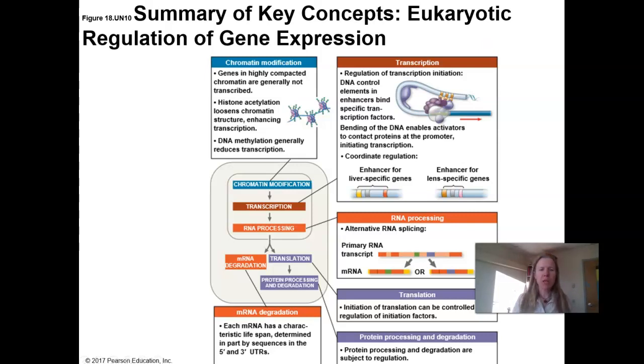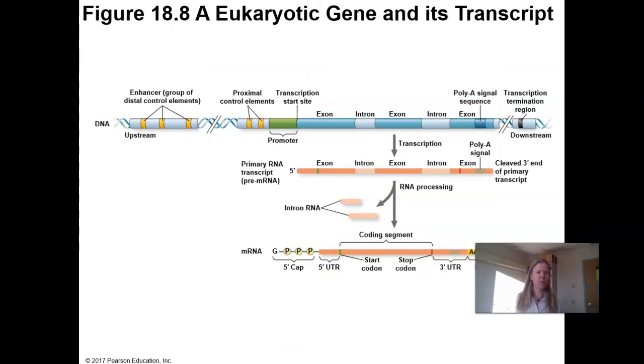So then we move on into processing, and we already talked about that a little bit when we talked about transcription and translation, because we do have this ability to alternatively splice those pre-mRNA or messenger RNA transcripts. And so it looked something like this.